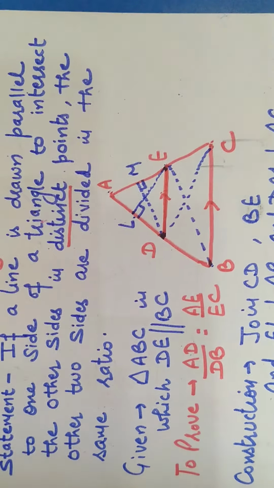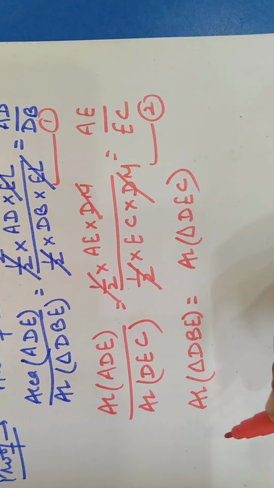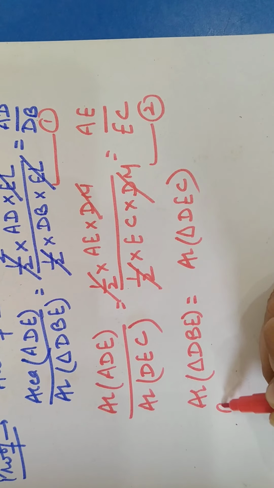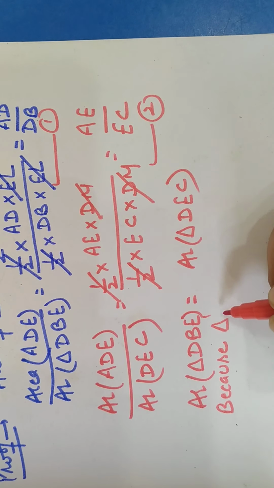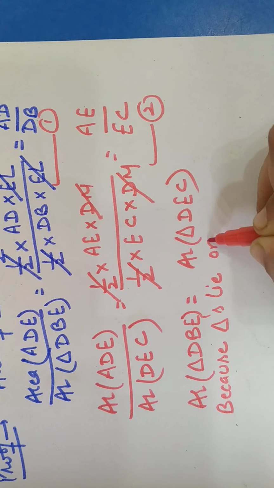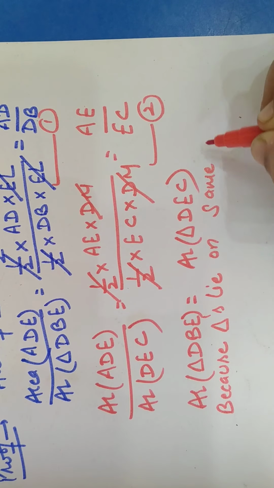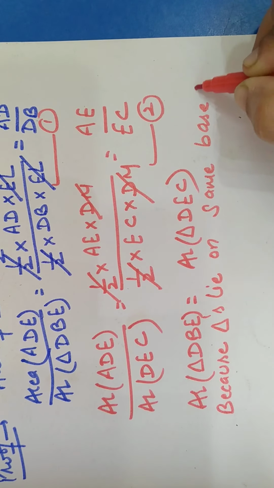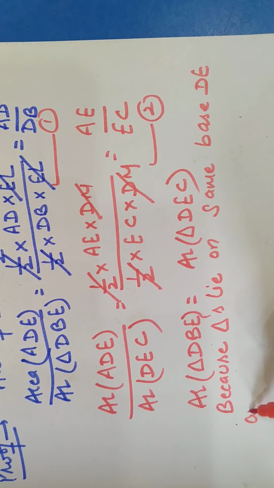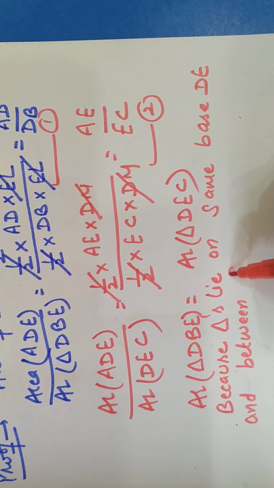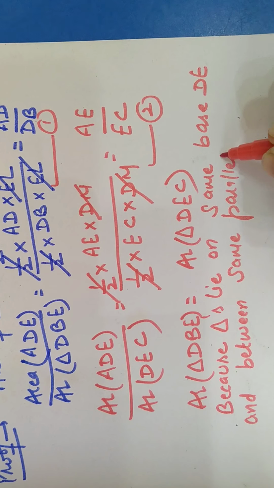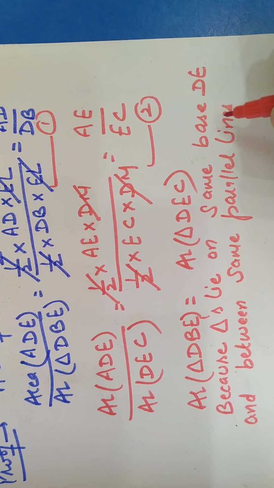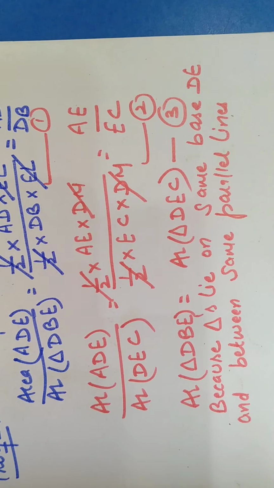It means the areas of these two triangles are the same. Why? Because triangles lie on the same base DE and between the same parallel lines. So this is your third equation.